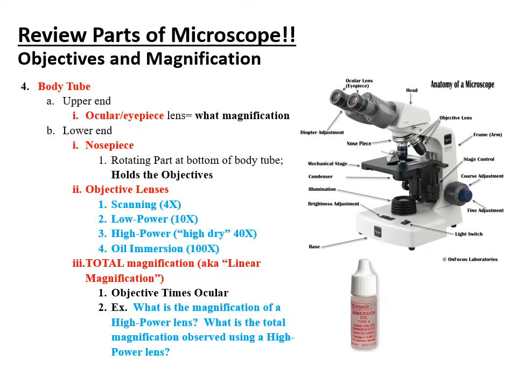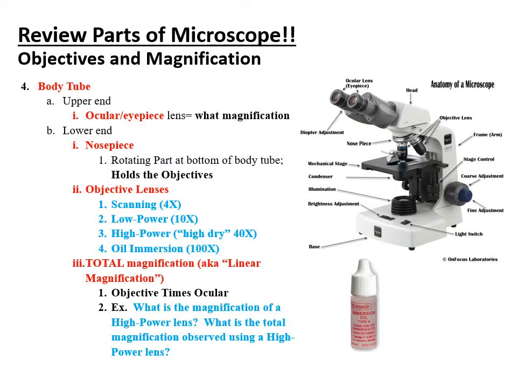That's 10x magnification. Now, that means that your tricky professor can ask you questions related to magnification in a couple of different ways. So make sure you pay very close, careful attention when you're answering a question about magnification, because I can either ask, what is the magnification of a particular lens?